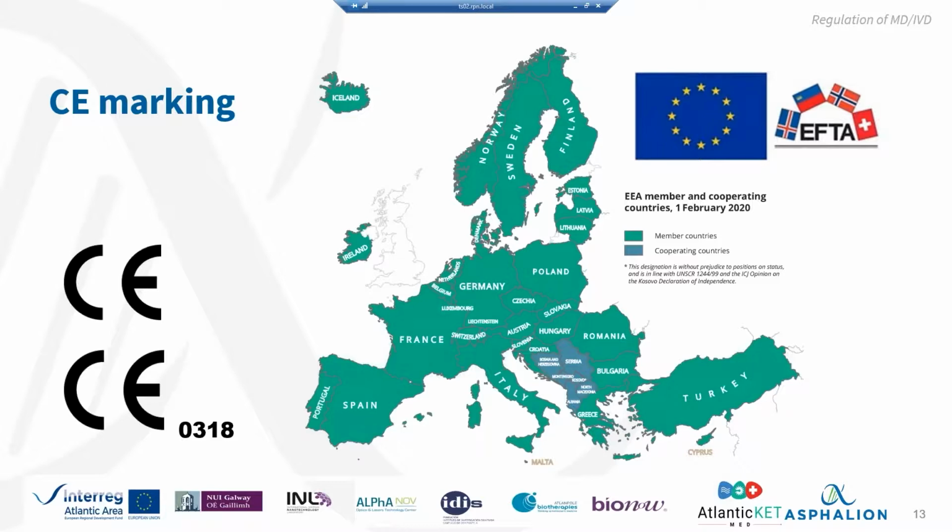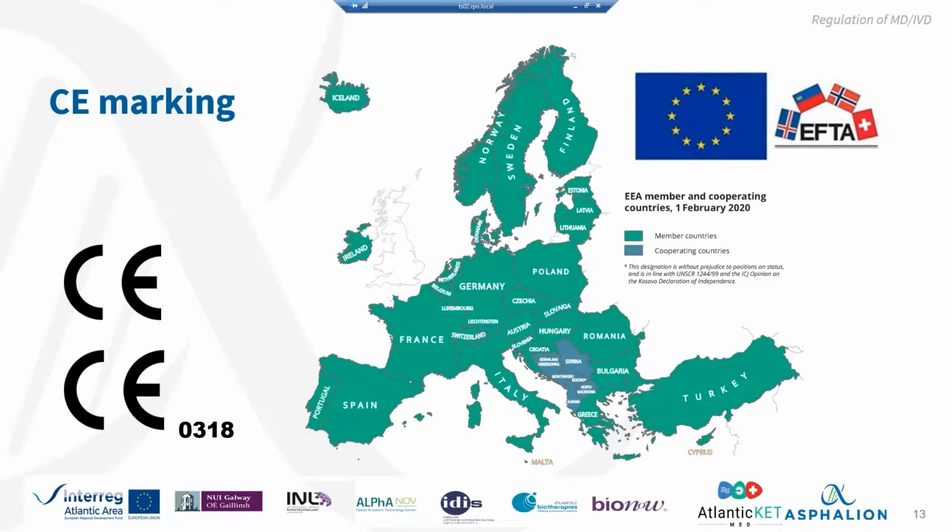That will depend on the classification of your device. If your device has a class superior to 1, let's say class 2A, 2B, or 3, you will require the participation of a notified body to obtain the CE marking. If your device is a class 1, you can place the CE marking by yourself as a manufacturer. You don't need the involvement of a notified body.